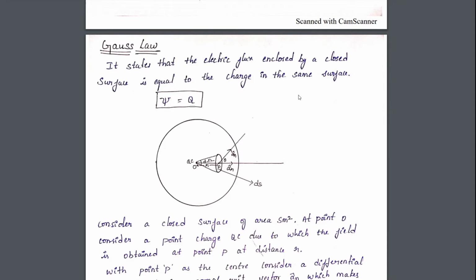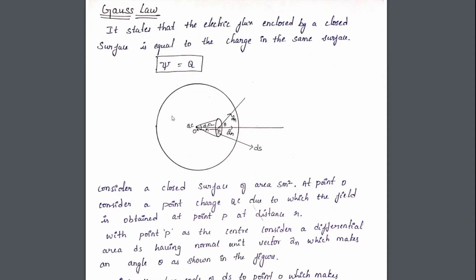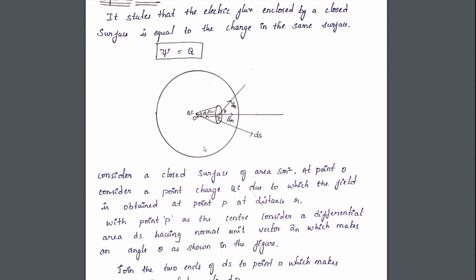That is, psi is equal to q. This is the statement of the Gauss law. So psi is the electric flux. In order to derive this Gauss law, you consider an area or a sphere of s meter square, and at point O you need to place a charge of q coulombs.